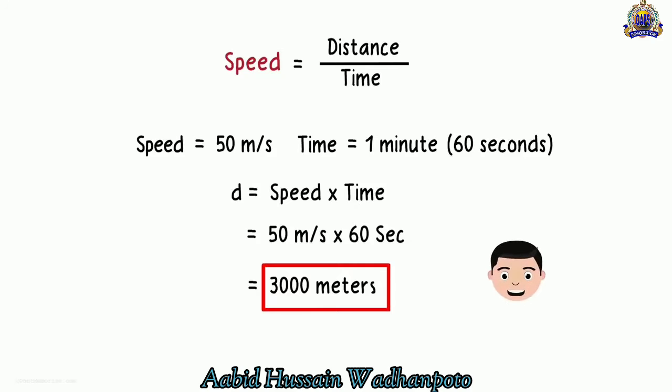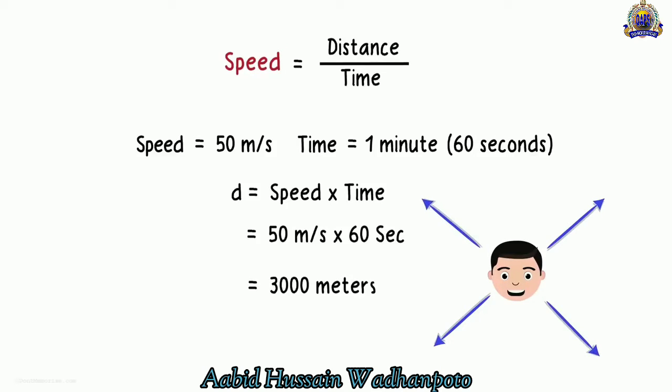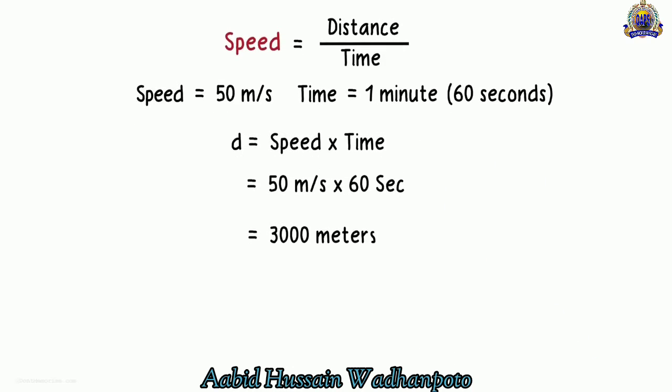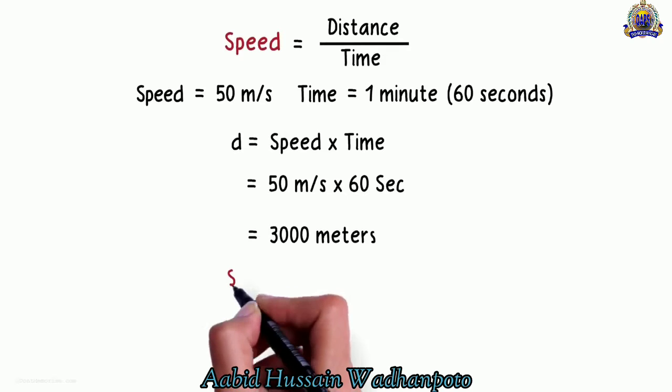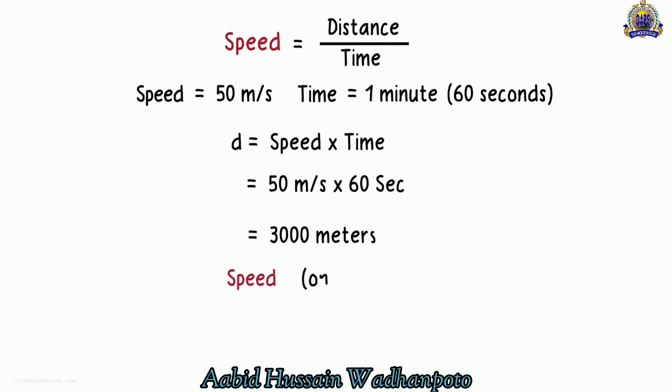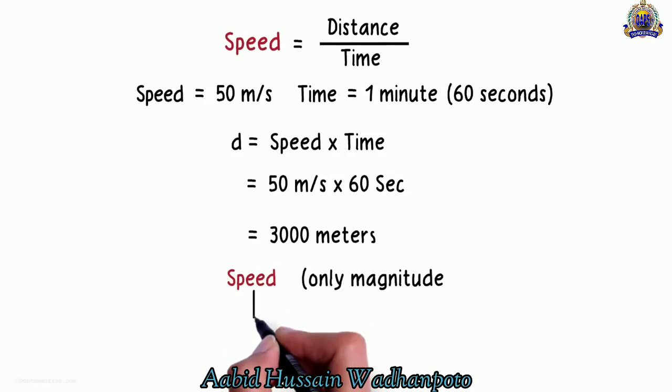So here we have 3000 meters, but it is only a distance which is covered. But there was a question in our mind: in which direction is this distance covered? We do not have any particular direction in our mind. If there is only speed, then speed defines only the magnitude, meaning the given amount of the substance.